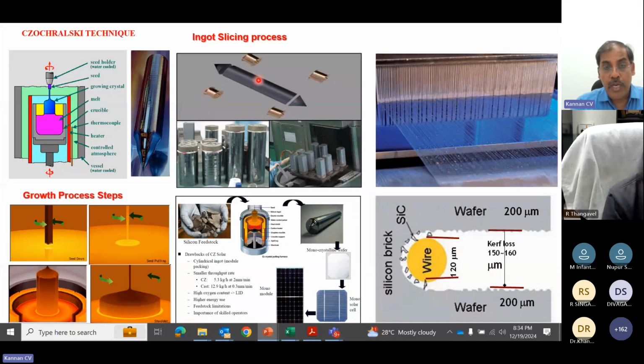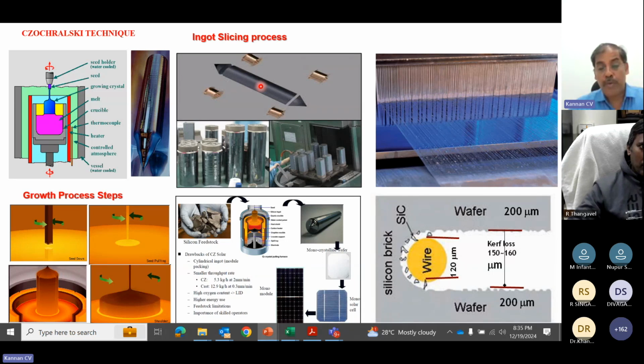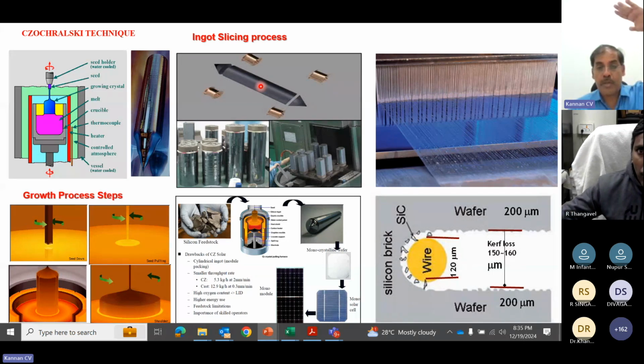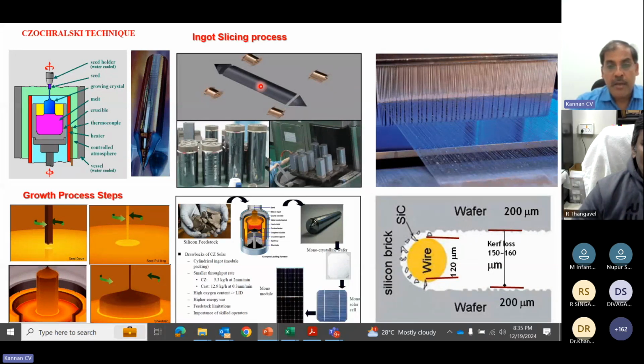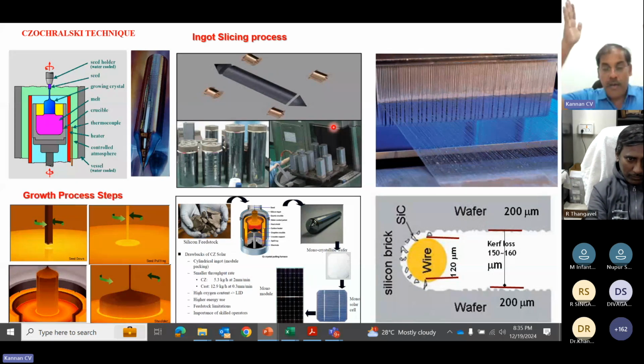After you remove it, you cut this into 800 size, because you cannot use 2 meter or 3 meter length for the next process. You have to cut into 800 to 900 size. Then you fix it with the two support rods and feed it into this. There is a wire, and the wire will cut like this.